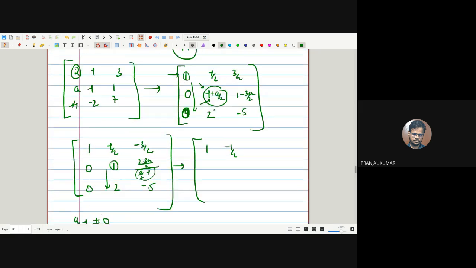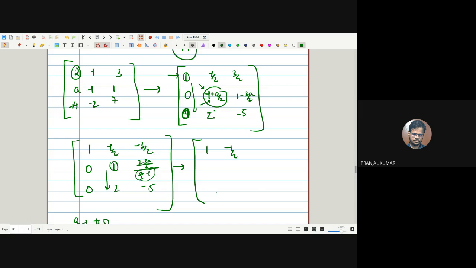Now, so 3 by 2. Okay, 0, 1, and what was this? So this is 2 minus 3A. This 2 will cancel with this 2, so A minus 2, right? And you would have 0. Now I've started cleaning down this pivot. So 2 times of this minus this. So this will give you 0.